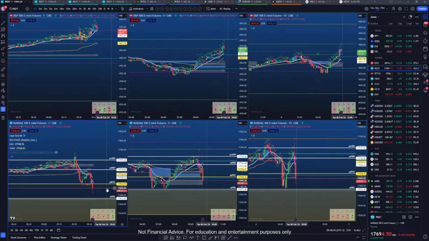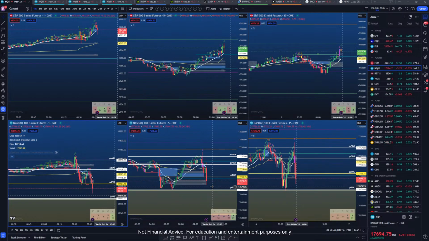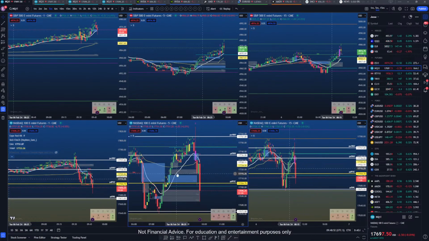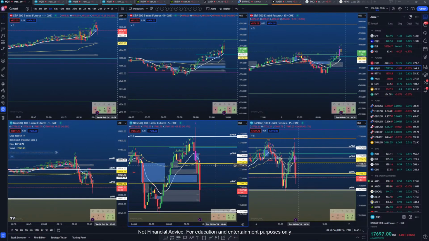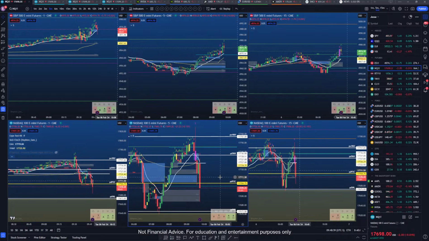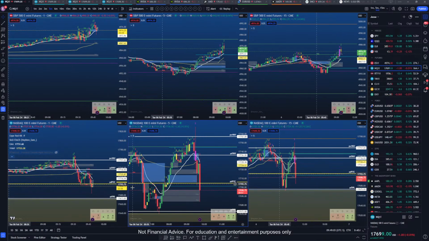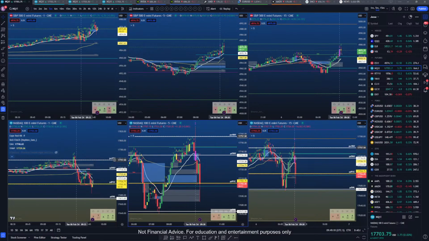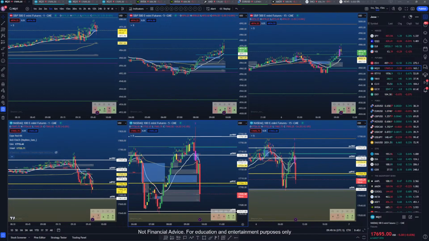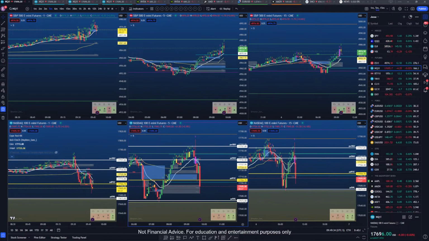Clearly. 5-minute market structure could be seen as bearish now with this being the change of character. 30 seconds on this 5-minute candle.